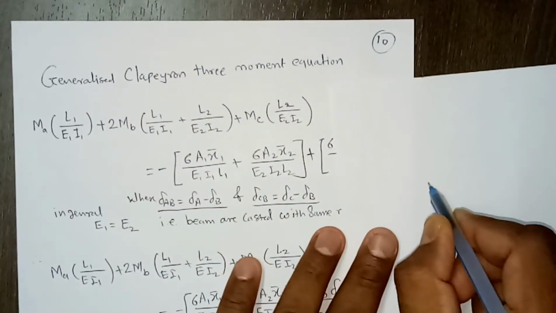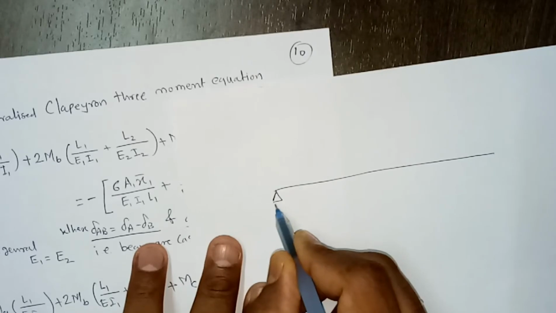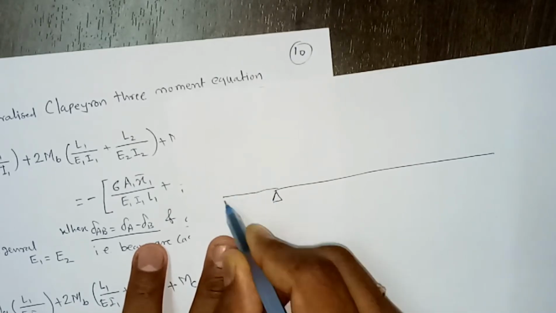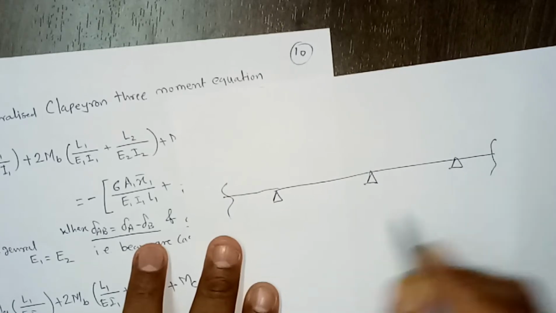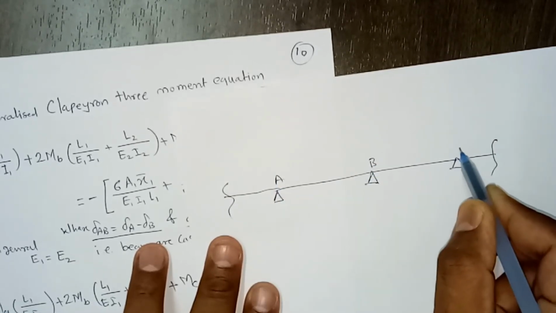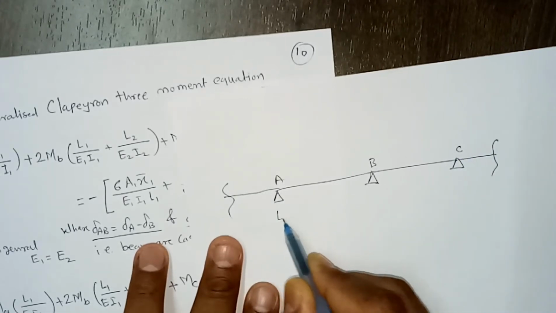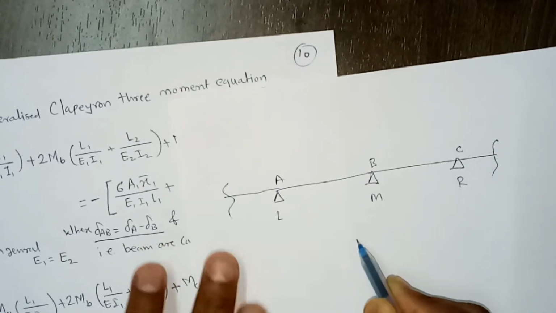So again, say there is a continuous beam. This is A, this is B, this is C. This is the left end, this is the middle support, and this is the right support.